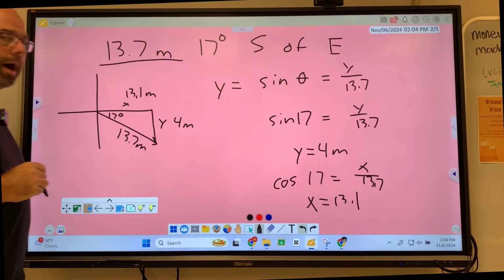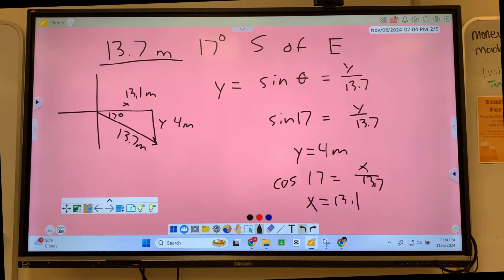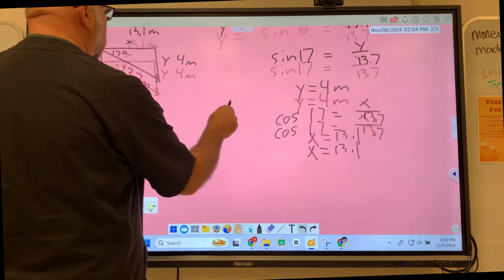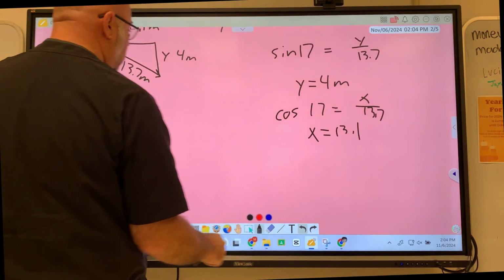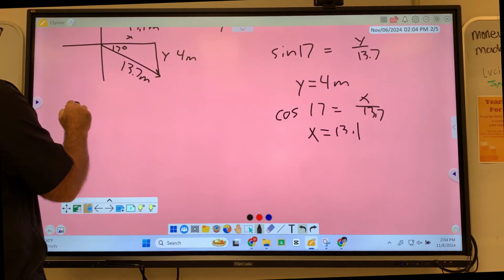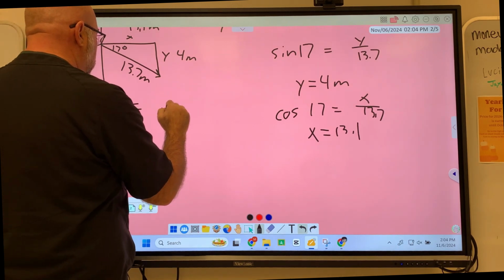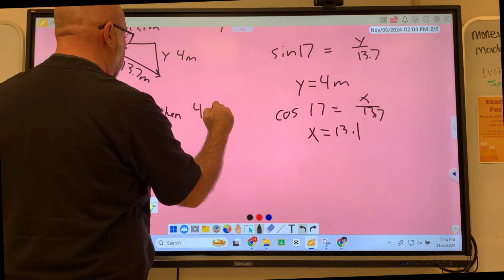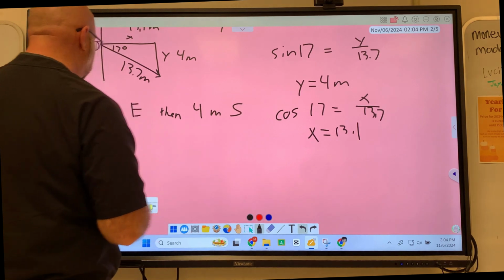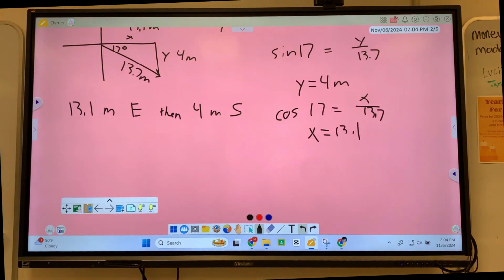So now how would I describe this motion to make it look like the problem before? I would say I went 13.1 meters east, then 4 meters south. Did anybody do it the opposite way?